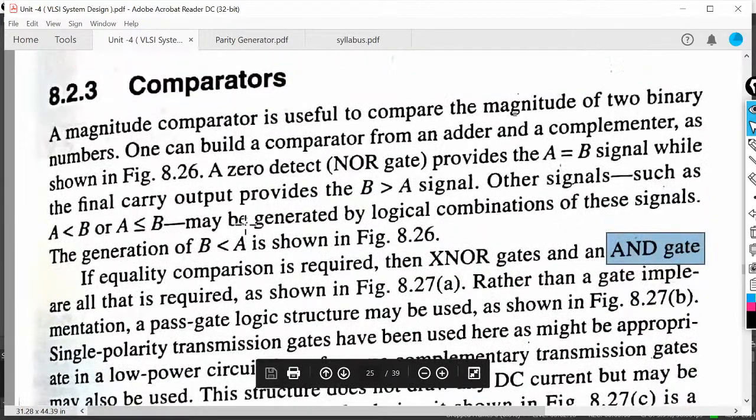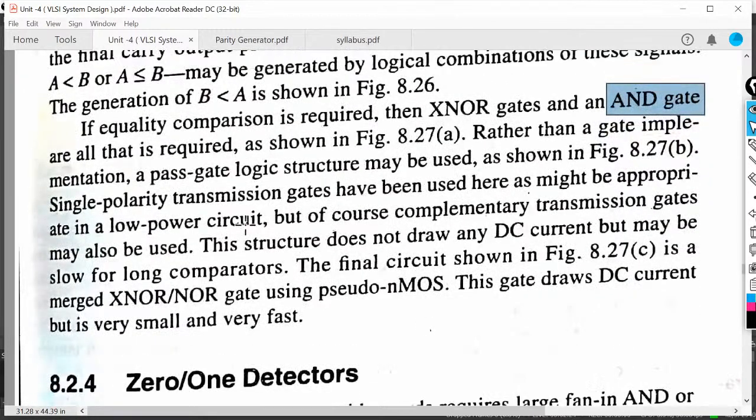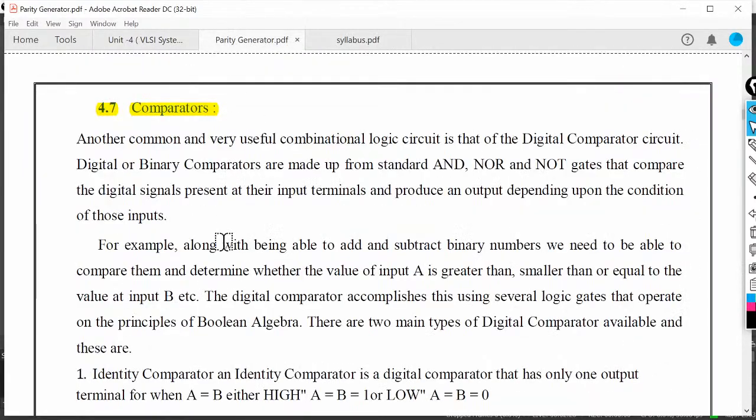This type of magnitude comparator circuitry is responsible to compare any two bits.